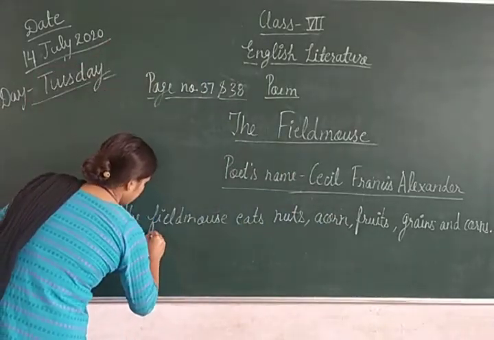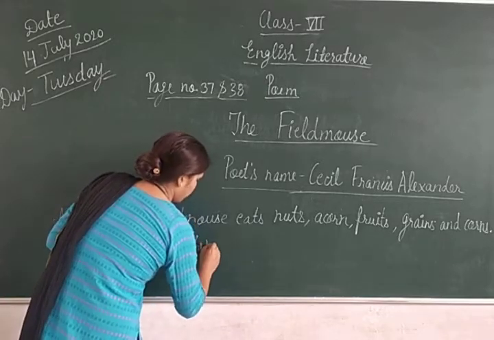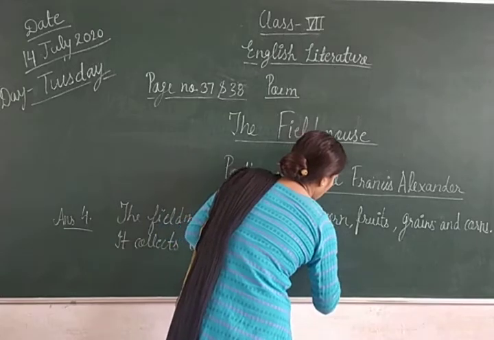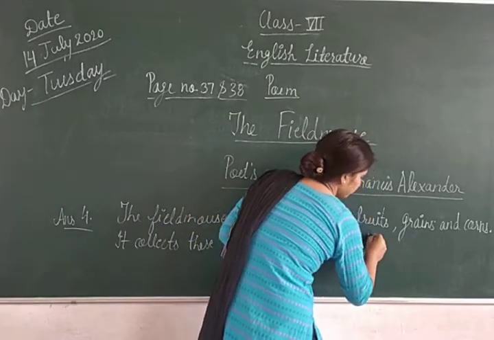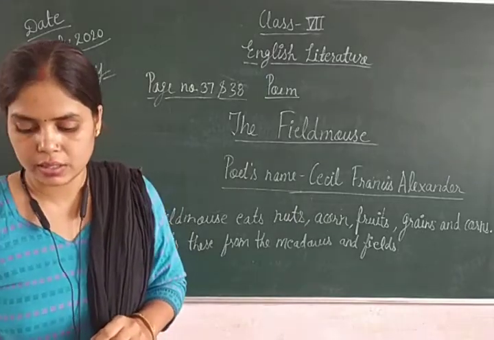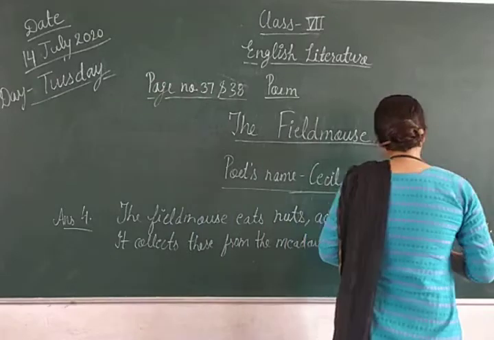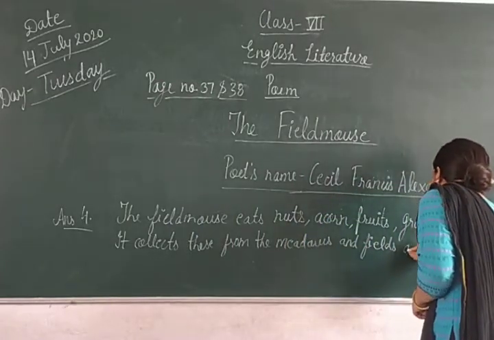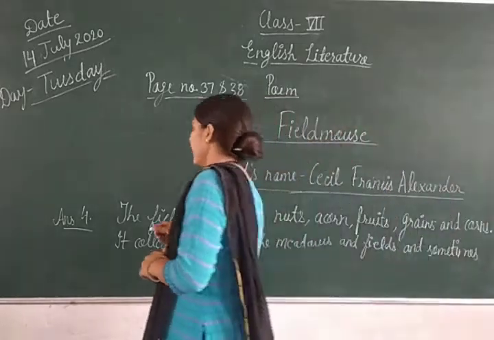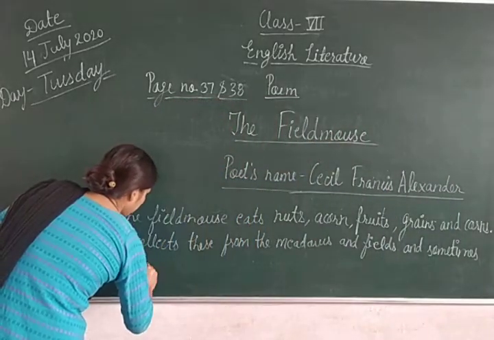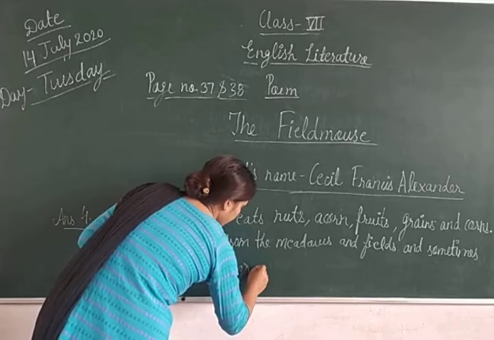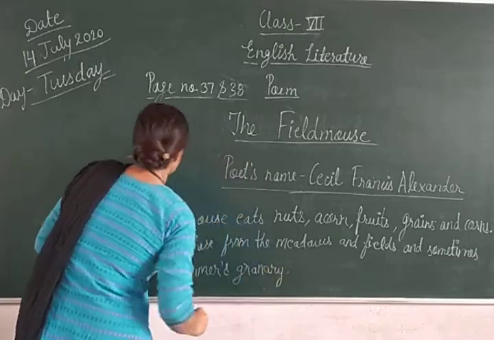It collects these from the meadows and fields, and sometimes from the farmer's granary. So this is the answer number 4.